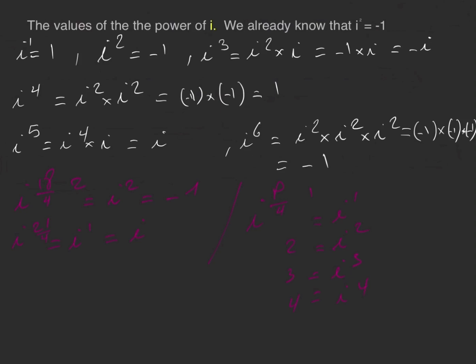Let's do another example. If we have i to the 12, we divide 12 by 4, which is just 3, and the remainder is 0. So this is i to the 0, which is just 1. Any nonzero number to the power 0 is just 1.